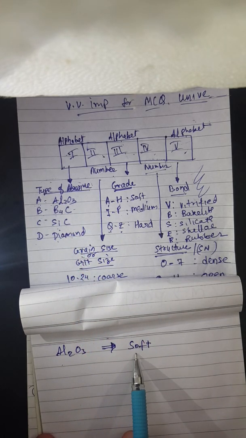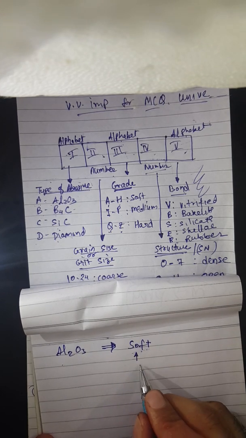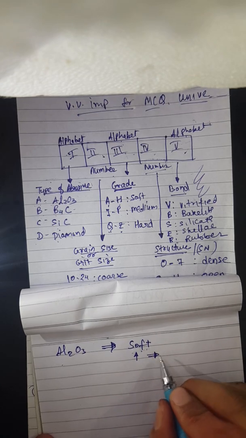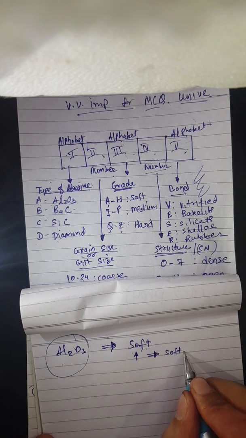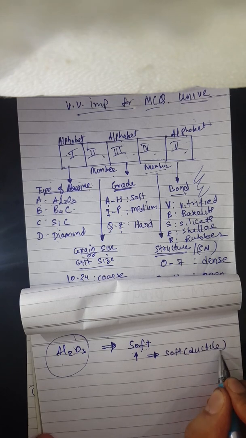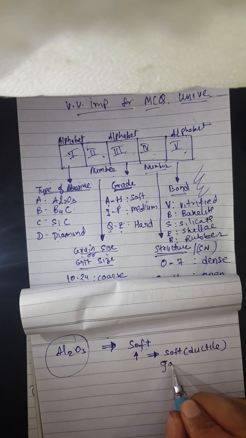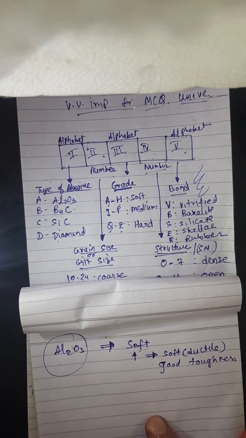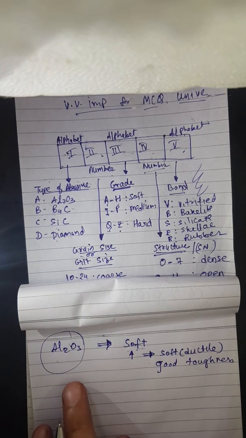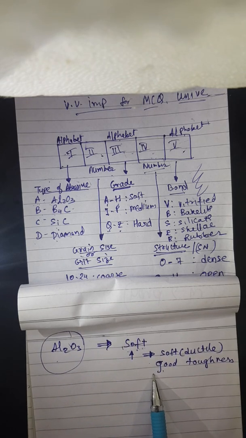So Al2O3 is a soft kind of abrasive particle. When I say it is soft, it implies that it would be ductile, again in relative terms. And when a material is ductile, it would have very good toughness. This is something we might have already studied in stress strain diagrams. So Al2O3 is soft, so I can consider it as having good toughness.